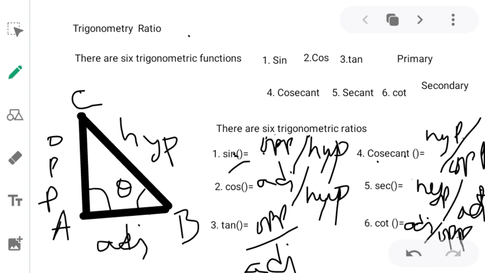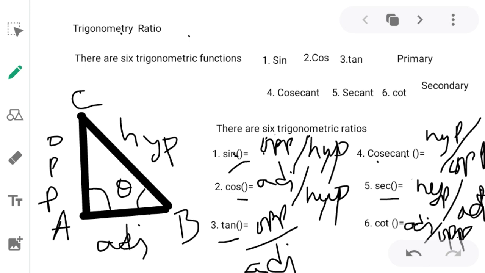Similarly, cos theta is adjacent by hypotenuse and secant theta is hypotenuse by adjacent. Tan theta is opposite by adjacent and cot theta is adjacent by opposite. In this way, we have 3 primary and 3 secondary trigonometric ratios.